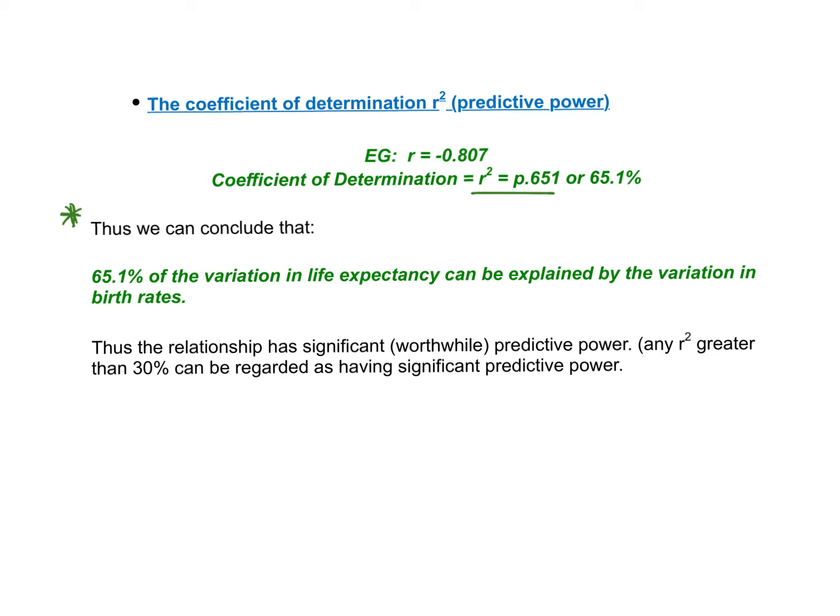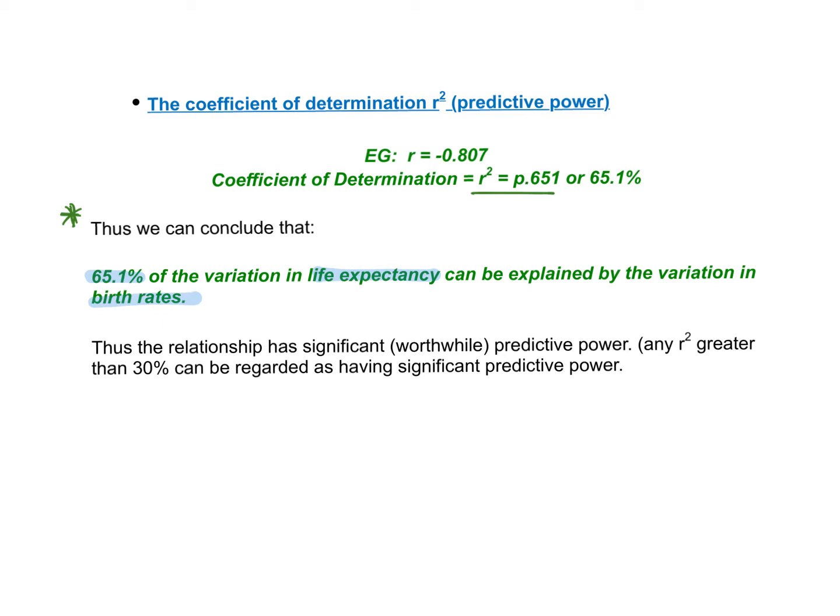But we wrote, it says the coefficient of determination tells us that, and this is what you had to change. You had to write the R squared in a percentage, so I've times it by 100. So 65.1% of the variation in life expectancy can be explained by the variation in birth rates. There were the things you had to fill in.